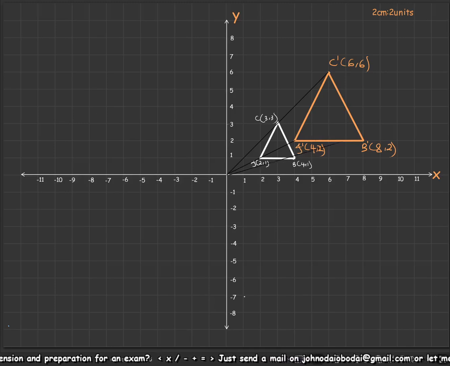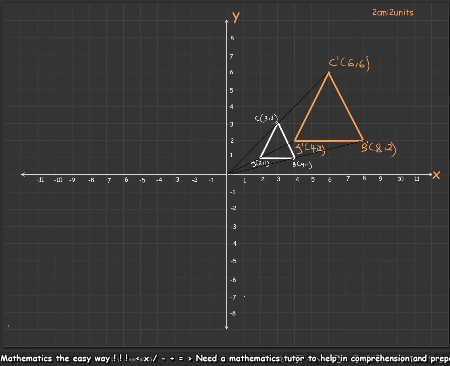B, and then through B1. All right. So this is it over here. You see? And that is all. So this is how we draw what? Enlargement. Now let's take some more examples where we enlarge with a scale factor less than 1.